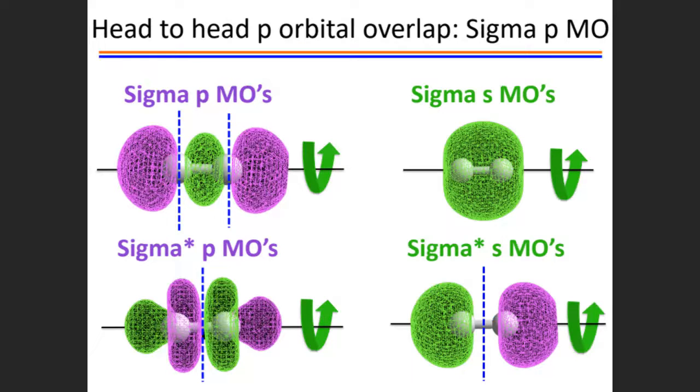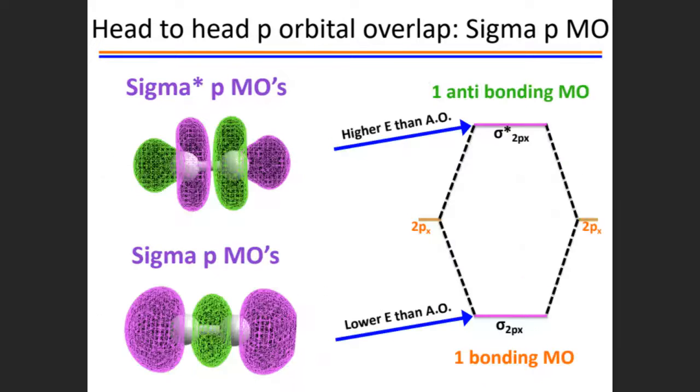Sigma P and anti-sigma P. Lower energy, bond formation; higher energy, antibonding, the loops, no bond, destructive.